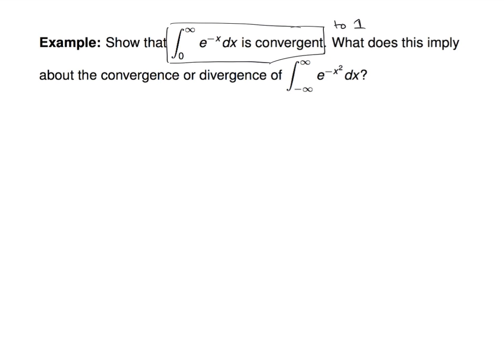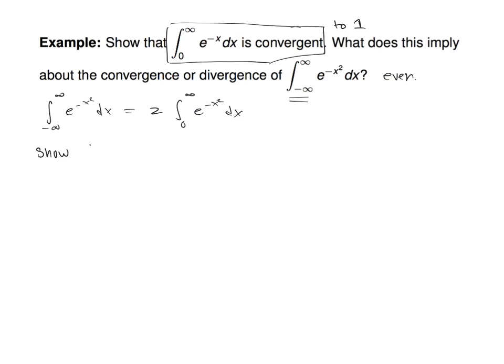All right, now the next thing you look at is this is even, right? So the integral from negative infinity to infinity, e to the negative x squared dx, that's twice the integral from 0 to infinity, e to the negative x squared dx, right? And if we can show that integral from 0 to infinity converges, the rest of it will converge too.